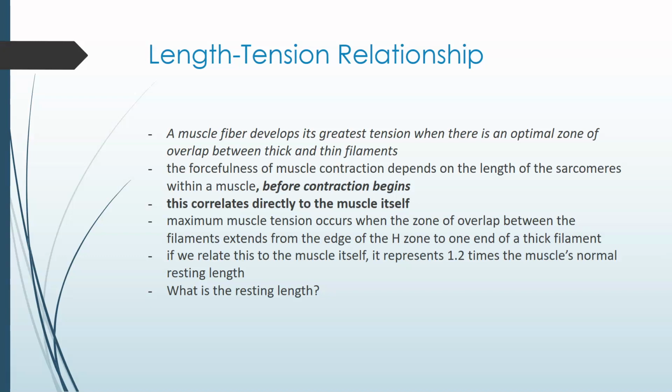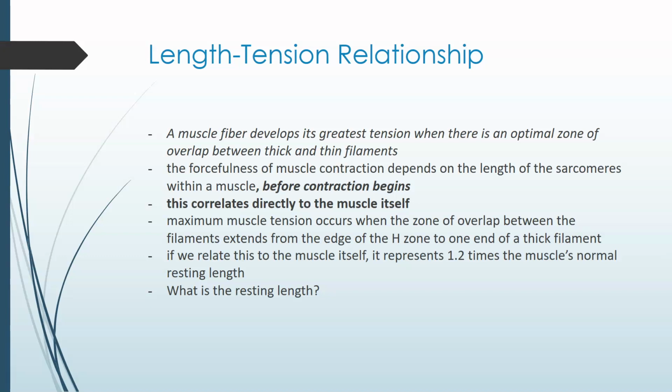We can say that the maximum muscle tension occurs when the zone of overlap between the filaments extends from the edge of the H zone to one end of a thick filament. In other words, it represents 1.2 times the muscle's normal resting length.